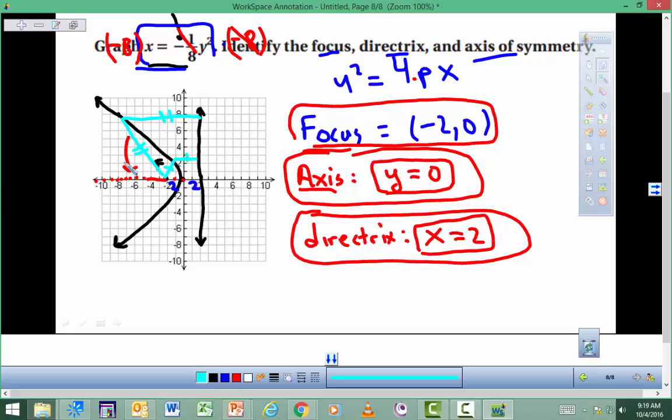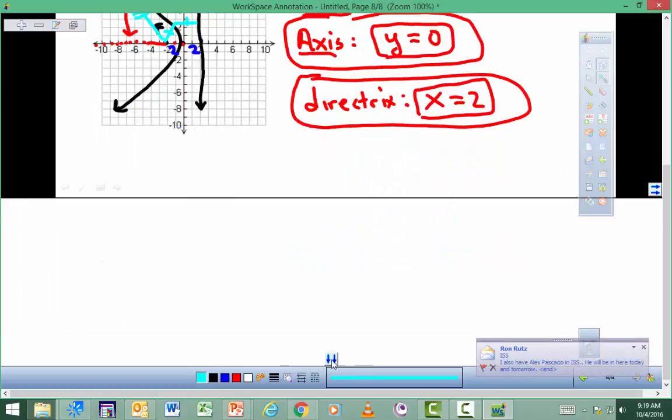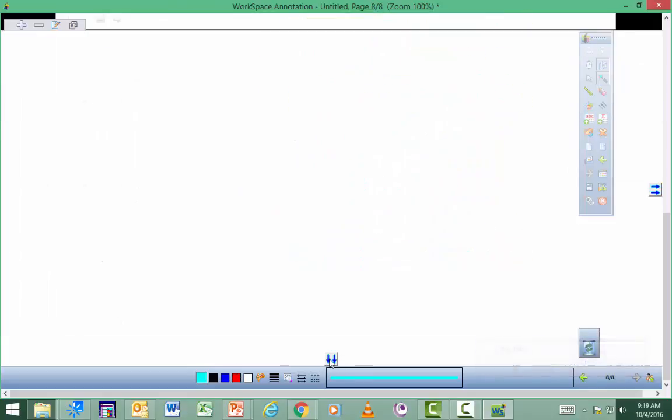Use your cheat sheet, and if it's written in the correct form, you can still do that. Now, let me just show you something. Let's look at your study guide number 1. I'll help you get started on it.